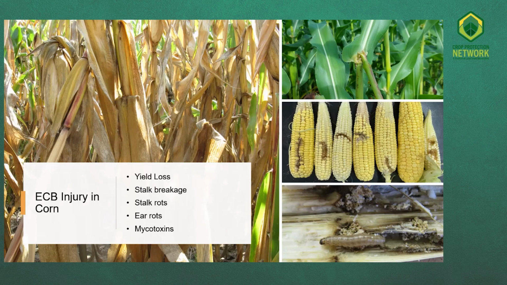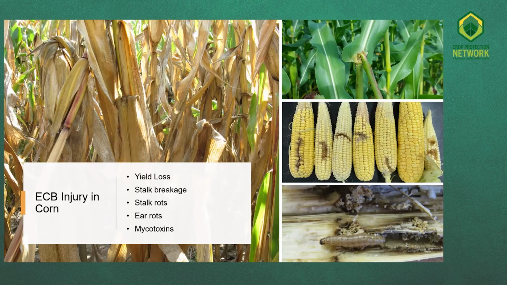You might get ear drop as the larvae might bore into the shank of the ear. And because the corn borers have entry holes on the outside of the plants, this allows entry points for more pathogens, which can lead to stalk rots, ear rots, and mycotoxins in grain. Those are all the issues that come along with corn borer.